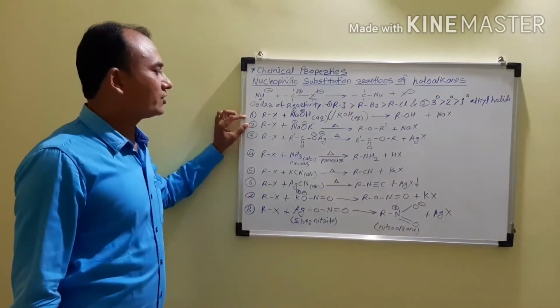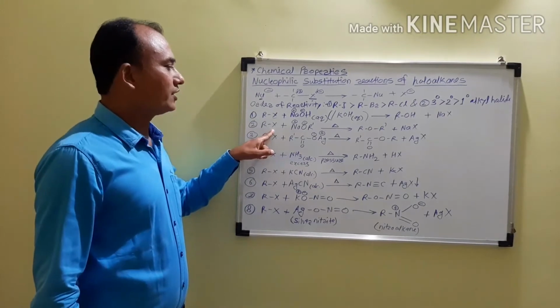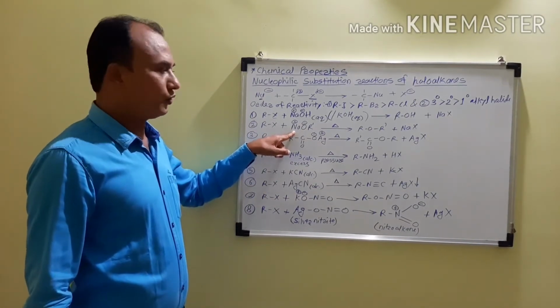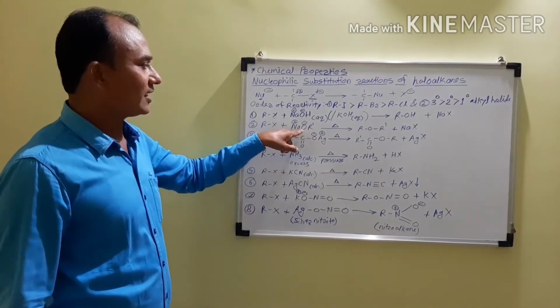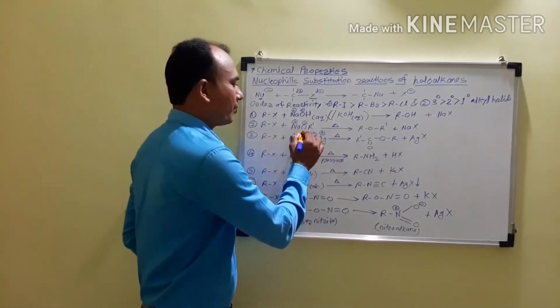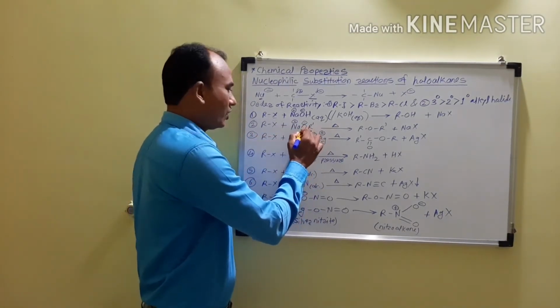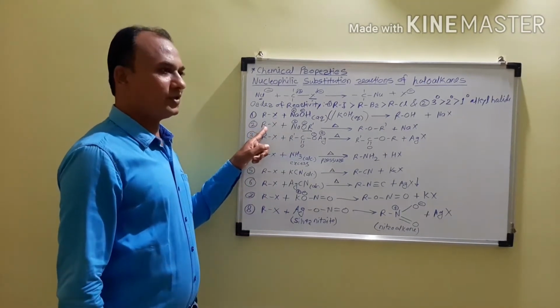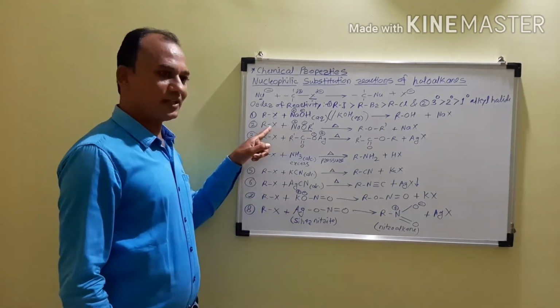Second reaction, in which the alkyl halides react with sodium alkoxide. Now it is also a nucleophilic substitution reaction. In that case, the negative part, OR negative, the alkoxide ion, acts as a nucleophile, which attacks the substrate, at the positive center on the carbon atom attached to the halogen atom.